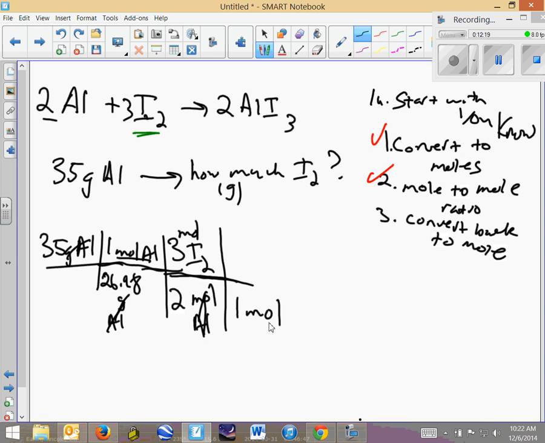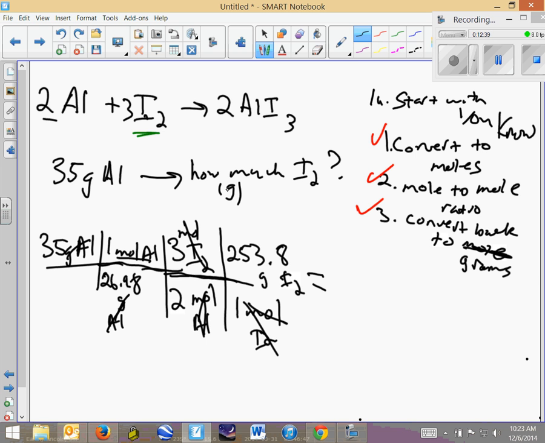And that'll give us 253.8 grams of iodine. Okay? Cancel that out, by the way. And convert back to, does that say convert back to moles? How foolish of me. Convert back to grams.